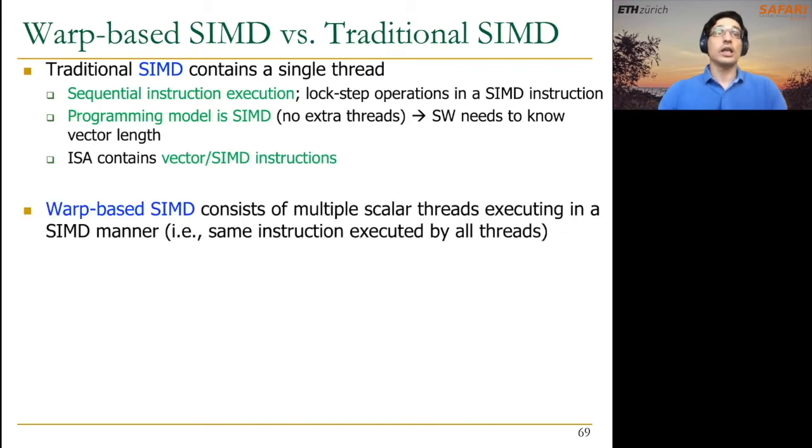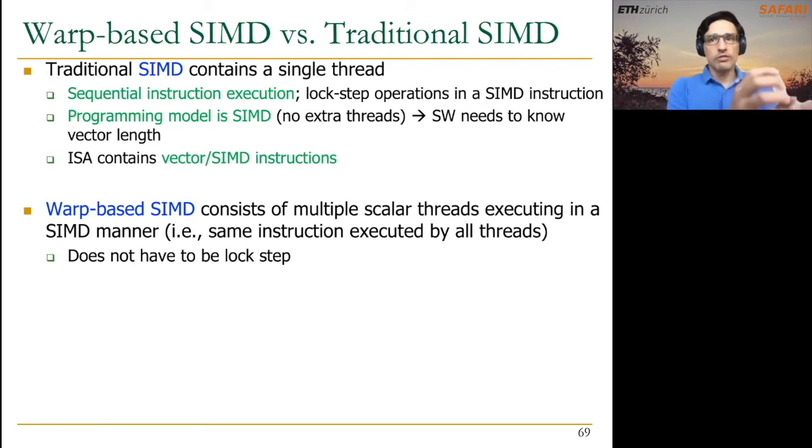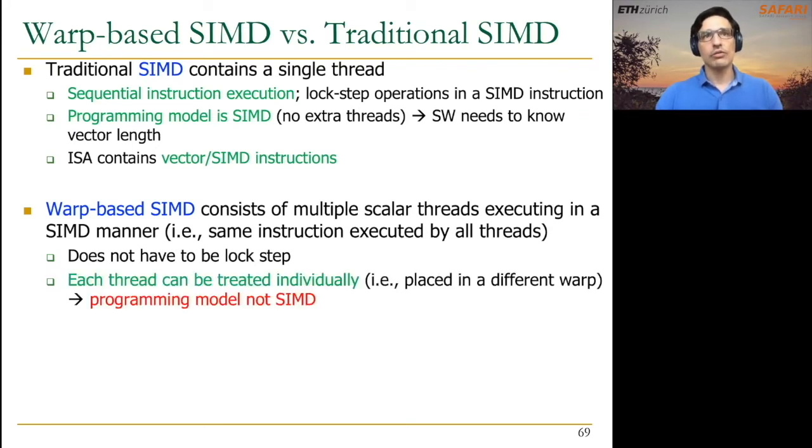While in the warp-based SIMD, we are using multiple scalar threads. As I said before, it's easier from the programmer's perspective. We don't have to worry about the lockstep execution. We don't have to worry about packing different operands in the right way in vector registers. The hardware is going to do that for us.